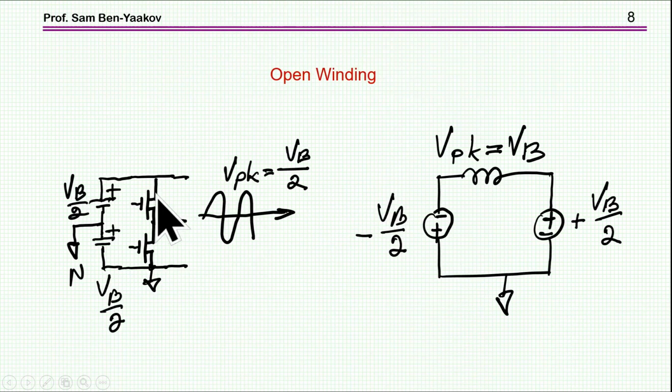Now, if I have 2 units like this connected across one coil, then by having these in opposite phases, that is 180 degrees, I can get the sum plus and minus, and consequently I'm going to get a peak value of VB. Okay, so this will be the best situation.